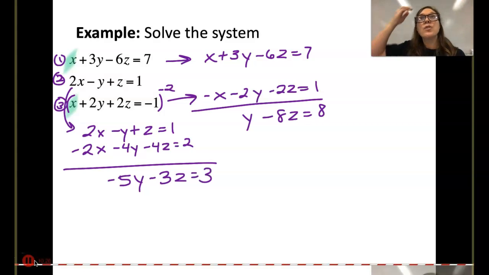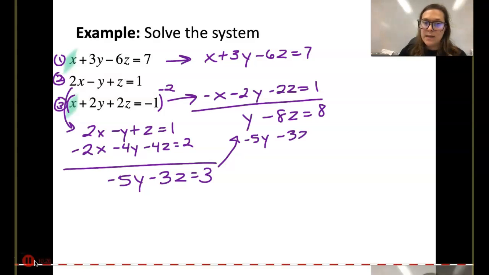So now I have two equations. Each do not have an x involved. So now I'm going to bring this guy up here. Negative 5y minus 3z is equal to 3. Nothing eliminates, so we're going to have to do some manipulation. I'm going to eliminate my y's first. I'm going to multiply this top line by a positive 5.